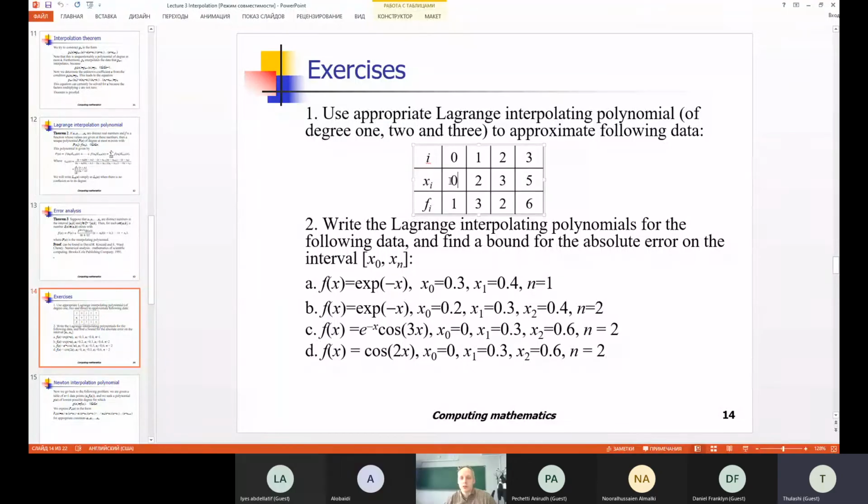Let me show you my presentation again. So I ask you to take the first 3 points and find the Lagrange interpolating polynomial for these 3 points.